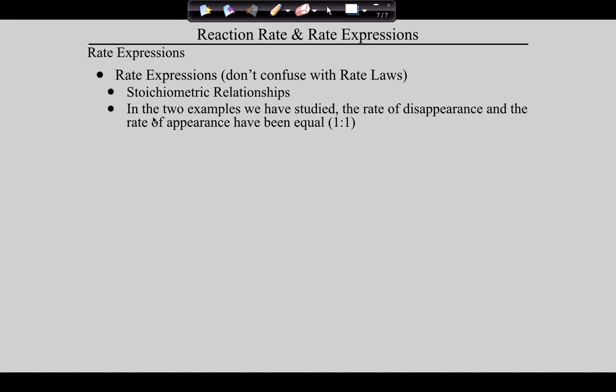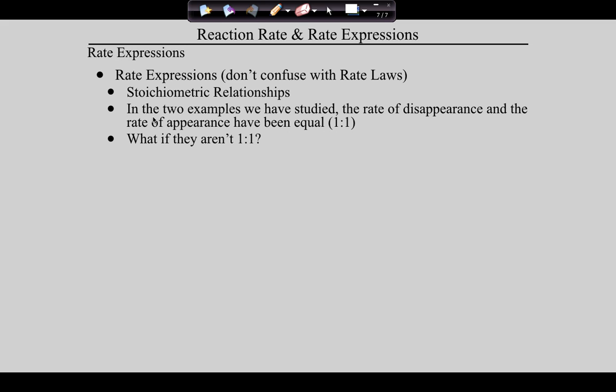The stoichiometric ratios in both of those processes was 1 to 1 or 1 to 1 to 1 to 1. But it was all ones. But what if it ain't a 1? Well, guys, then we've got to account for that. Exactly, precisely. It's all stoichiometric.